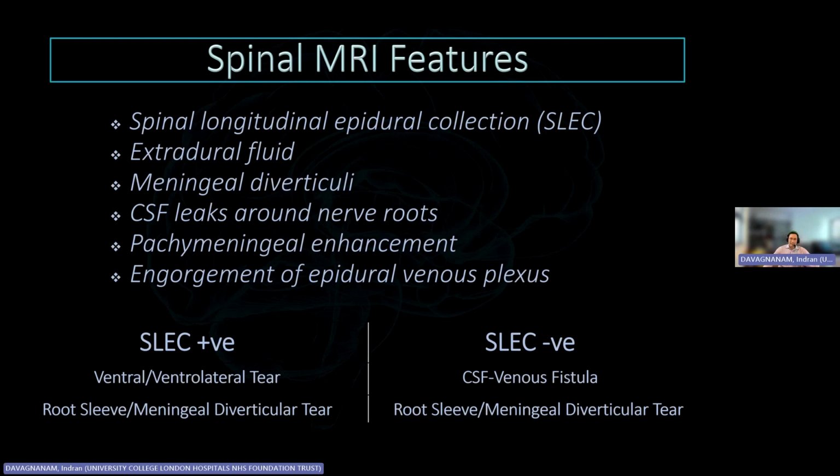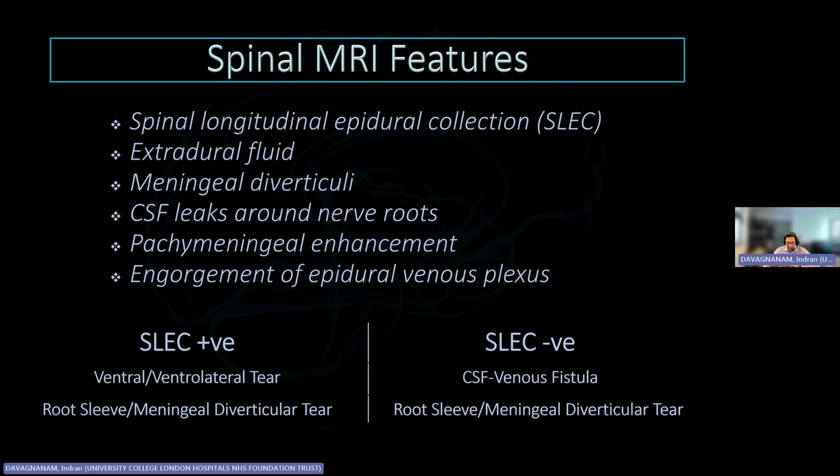Spinal imaging is quite important. There are lots of centers in the world who rely solely on brain imaging, but we know that brain imaging can be quite variable in terms of how you score patients based on the Bern score. There is an element of subjectivity. And over time, with chronicity, the imaging findings within the brain can normalize.